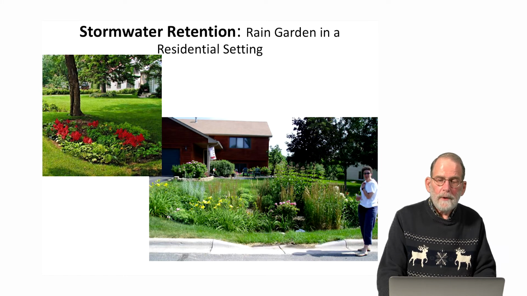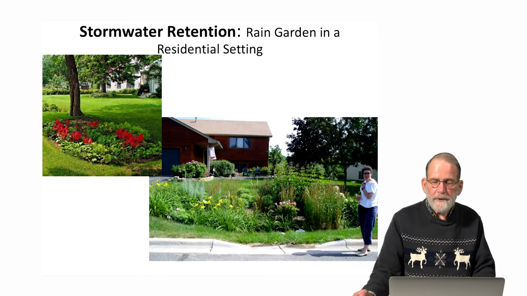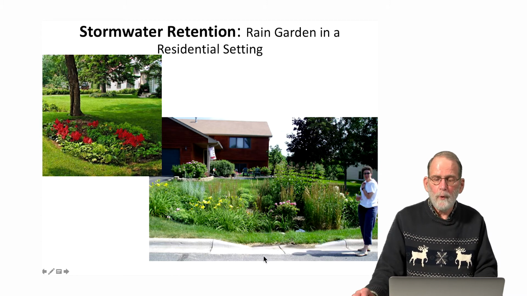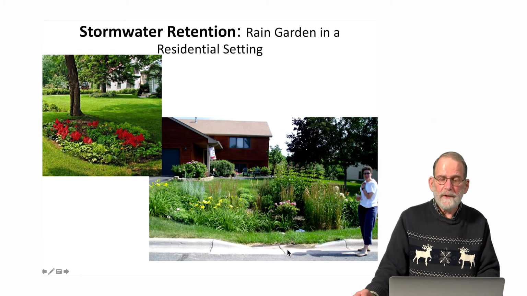Another example of rain gardens in a residential setting, and these don't have to be gigantic, enormous systems. The idea is to take water coming off of the rooftop, off of the driveway, and off of the yard of this house, and just this house. In this case, it's also pulling water off of the street landscape.